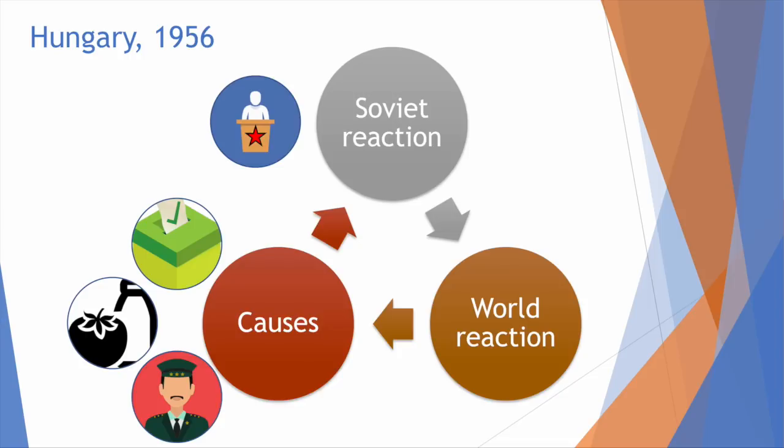Tensions go back and forth, but finally this new prime minister and the Soviet leader, Nikita Khrushchev, essentially come to an agreement. Well, the prime minister essentially starts promising too much, and essentially they say Hungary is going to leave the Warsaw Pact, which is the sphere of influence that the Soviet Union has created, and is going to break free. And the reaction of the Soviets is that they send in the troops, they send in the tanks.